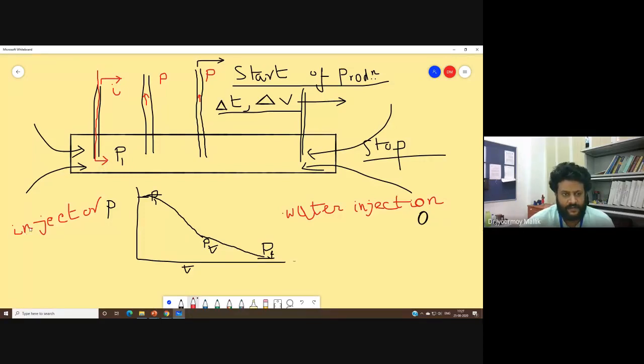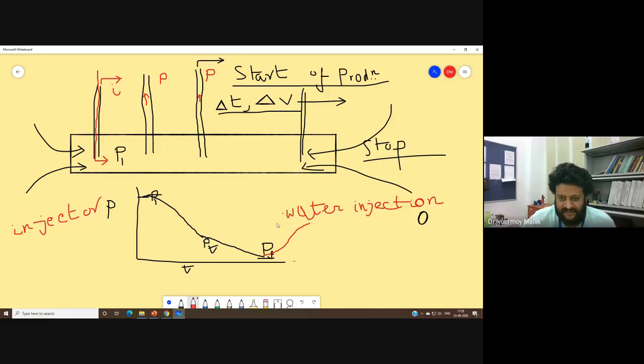Okay. So once I start injection, what will happen to my PF? My pressure will also start to increase, and it will reach a point when I will be able to take out hydrocarbon from these producer wells. Now an injector well can be a producer well converted to an injector well, or a new injector well can be drilled. Okay?